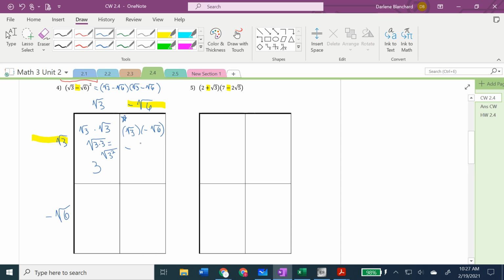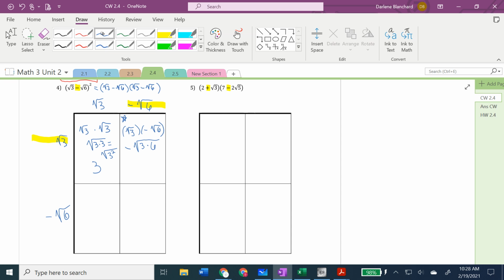And like we did in the first three problems, I am allowed to multiply the 3 and the 6 together underneath the square root because I am allowed to distribute exponent roots over multiplication and division because exponents are repeated multiplication.